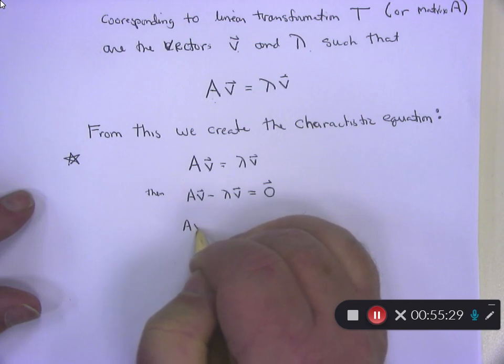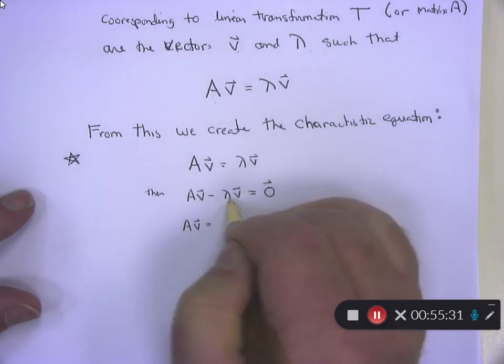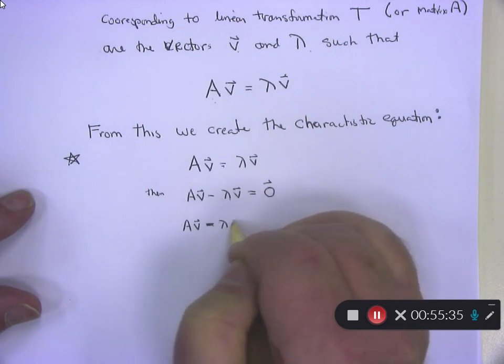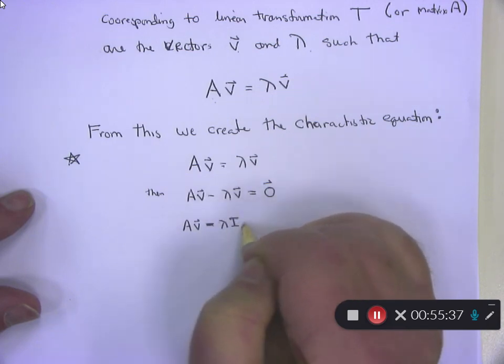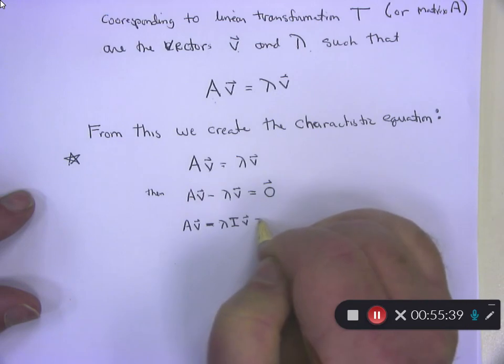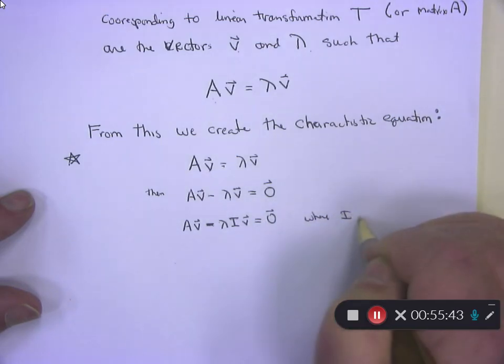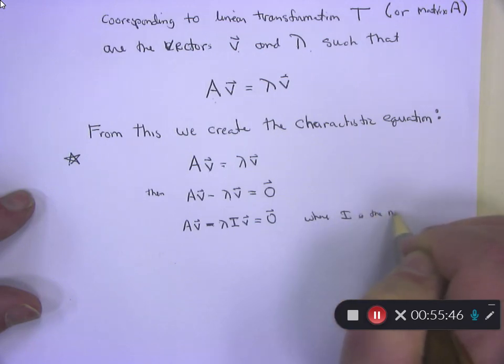Matrix A times vector V would be equal to, turn that scalar into a matrix, A minus lambda times I times vector V. That's equal to 0, where I is the n by n identity matrix.